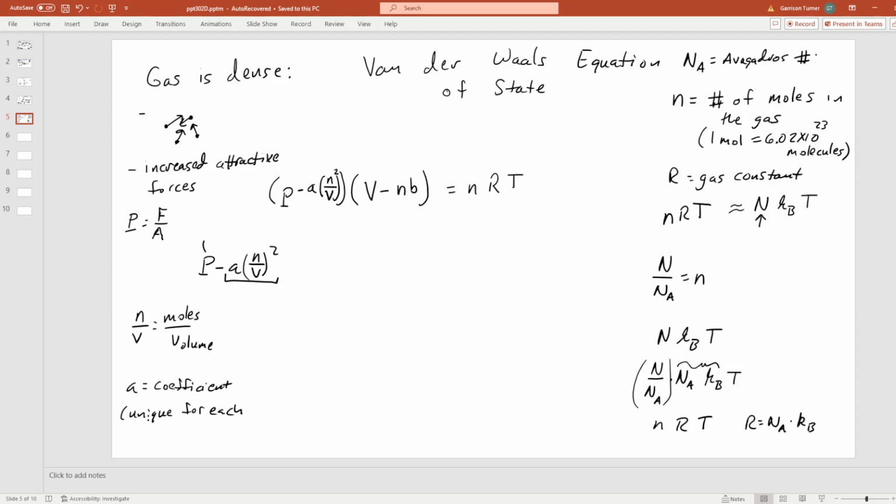And it's unique for each gas, each element or molecule or combination of. So we can just say that it's unique for each kind of gas that you would measure. Okay, so you would actually have to go into the laboratory and fit this with an equation and find a experimentally.